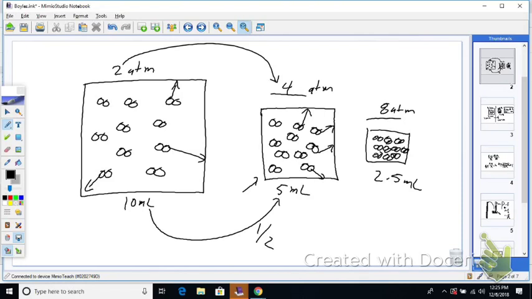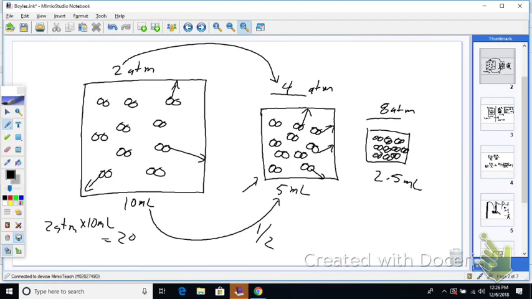Okay, so what we're going to do is find a constant. You guys remember, did we multiply volume by pressure to get the constant, or did we divide? Multiply, we did. So if I take 2 atmospheres times 10 milliliters, I get what? 20.